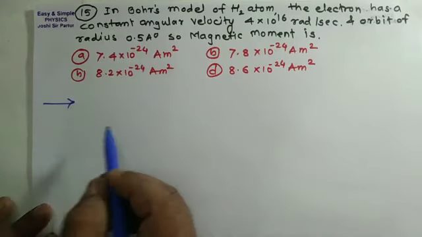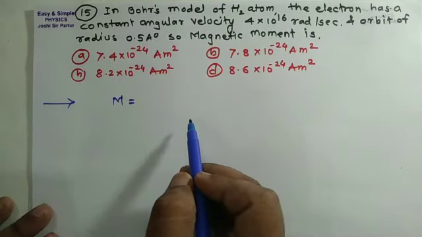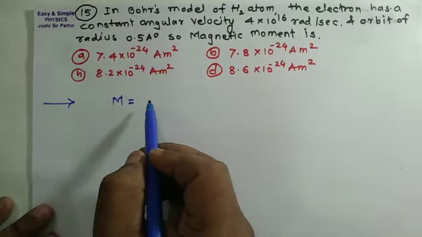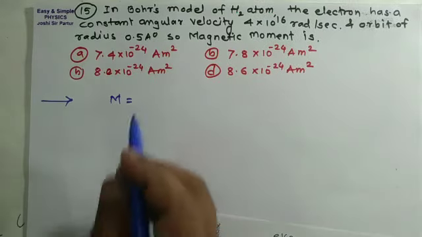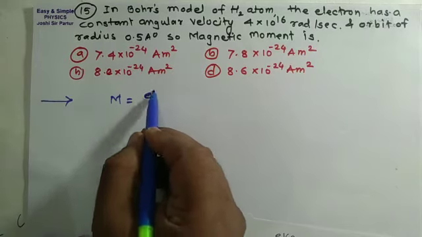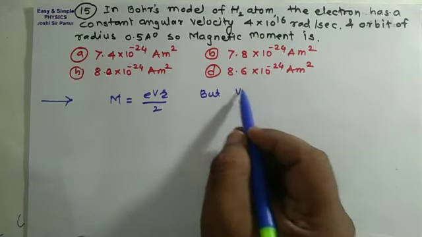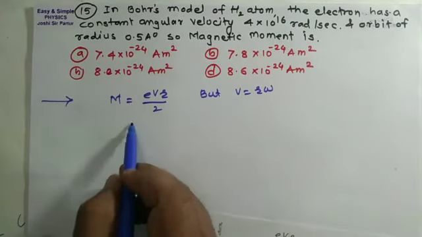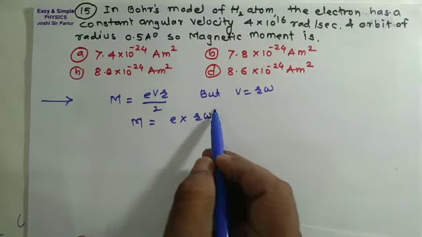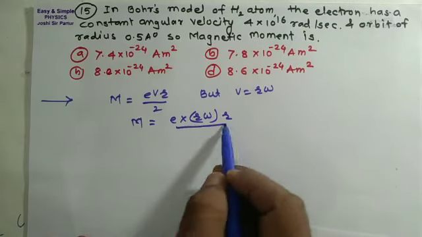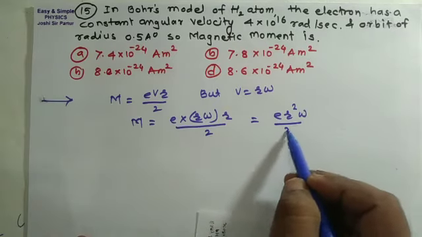So here we know that orbital magnetic moment will be evr upon 2, but we know v equals r omega. So M is equal to e multiplied by r omega into r upon 2, that is e r square omega upon 2.